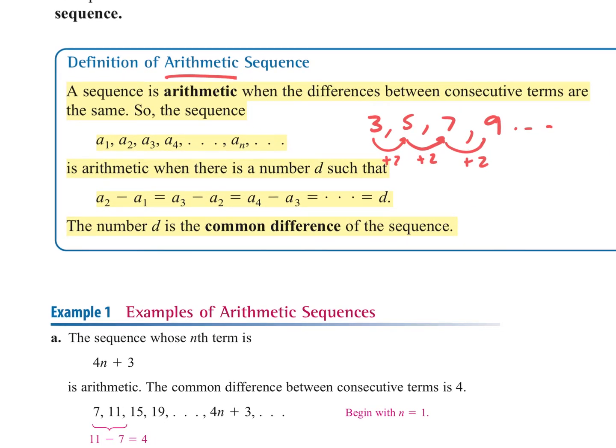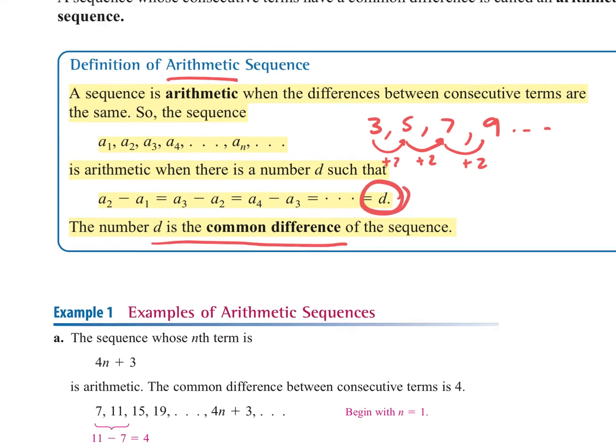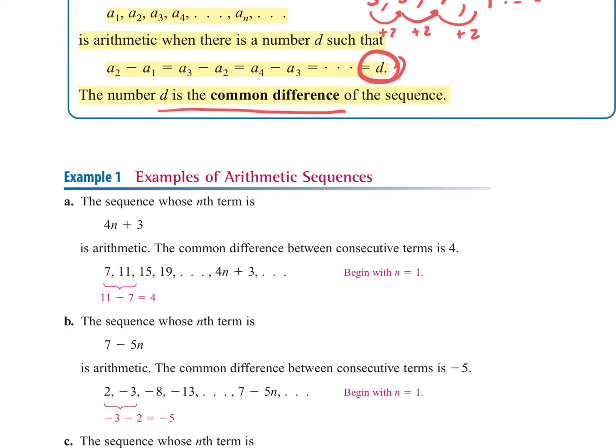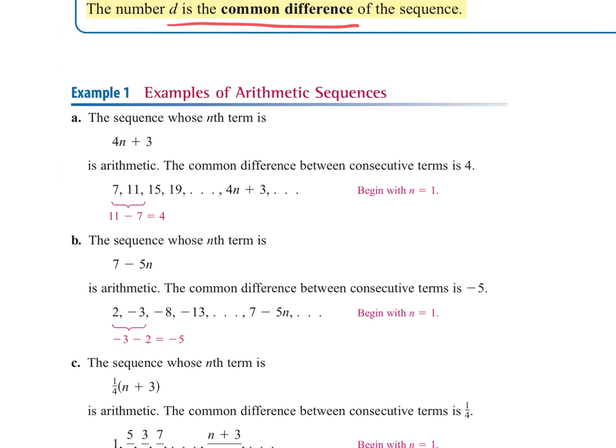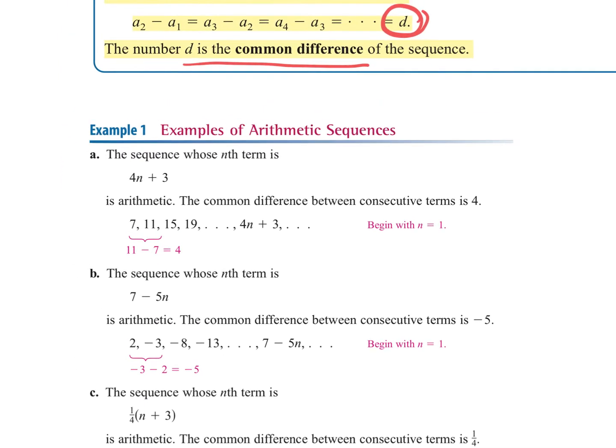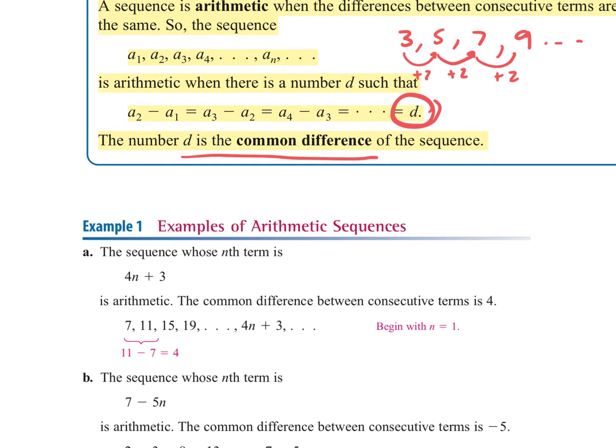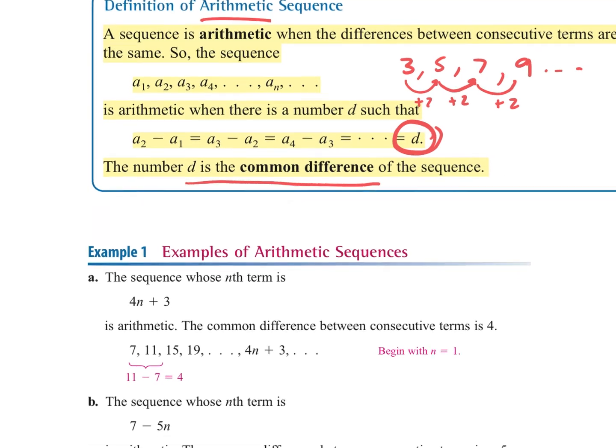Okay, so our common difference is what we call d. So the number d is our common difference. Example 1, A, B, and C just show you examples of an arithmetic sequence.